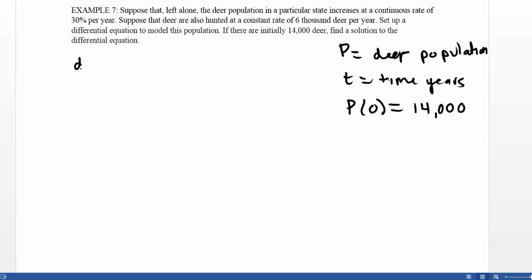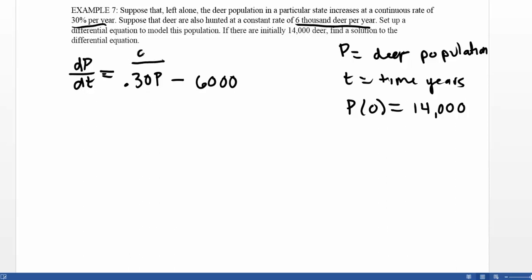So for my differential equation, the rate at which my population is changing is 30% per year, so 0.30p. And then I'm also hunting out 6,000 deer per year. So that's going to be a minus because that's the amount going out, right?